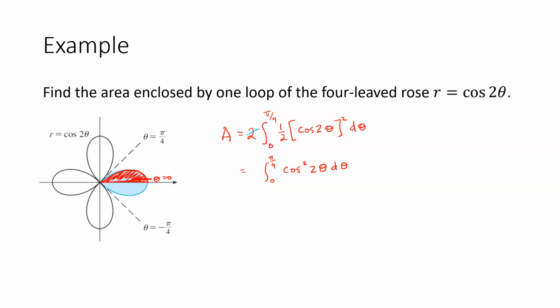Here the 2 and the 1/2 divide. Now I can use my power reducing formula, which is 1/2 times 1 plus cosine of 4 theta. Okay, so there, to remind you, we're using cosine squared, so 1/2 times 1 plus cosine 2x. But here it's 2 theta, so we're doubling it and it becomes 4 theta.